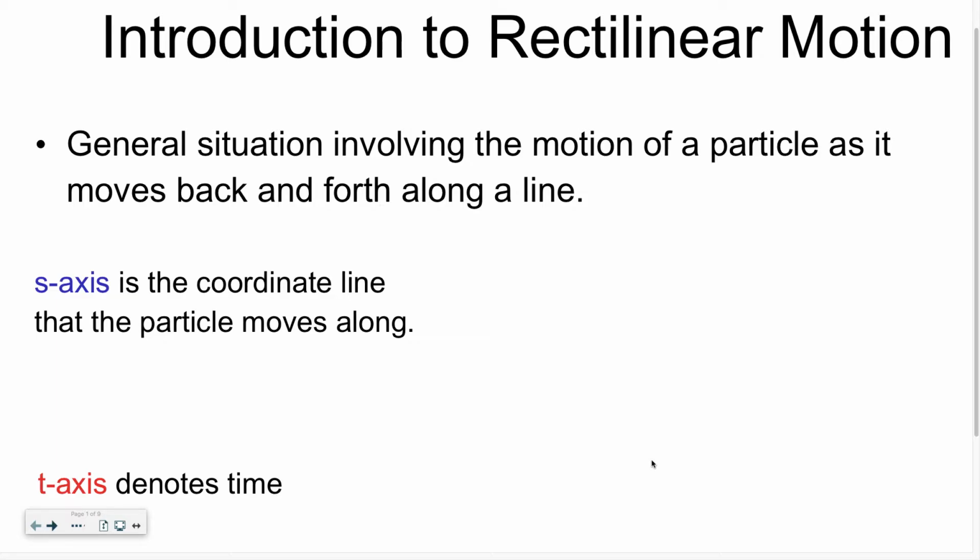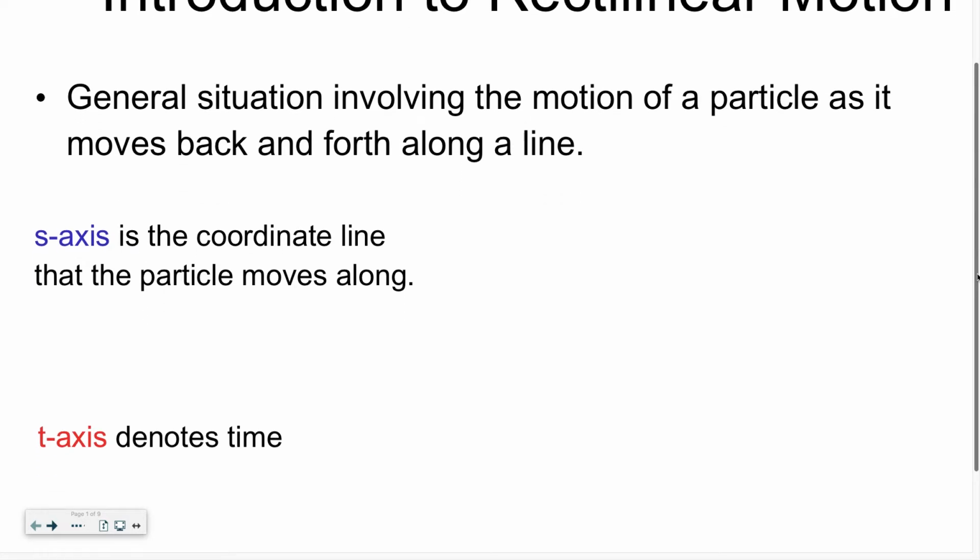So we call this unit motion. We say it's rectilinear, where linear motion means you're moving back and forth or up and down. Most of our motion, like 90% of the motion that we deal with, is going to be back and forth, so right to left, right to left. So instead of using the x-axis, we're going to call it the s-axis, and that is going to be the axis we're moving along.